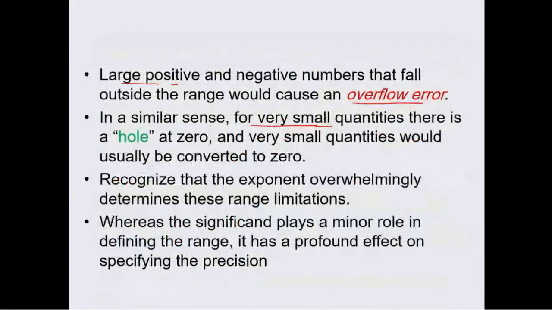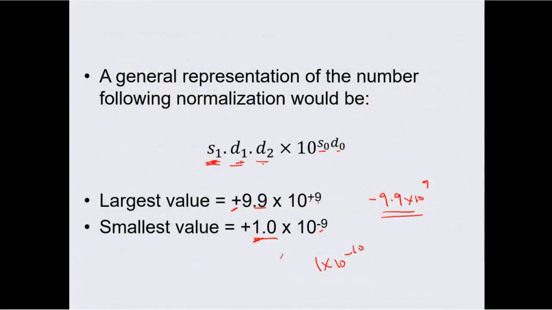Why don't we have a space for it? Because we have only 2 digits here. So you could define 9.8 into 10 power minus 1, which will be 0.98, or 9.9 into 10 power minus 1. But you cannot define 9.83 into 10 power minus 1 because you don't have another digit to do that. So this is truncated, it's cut off.